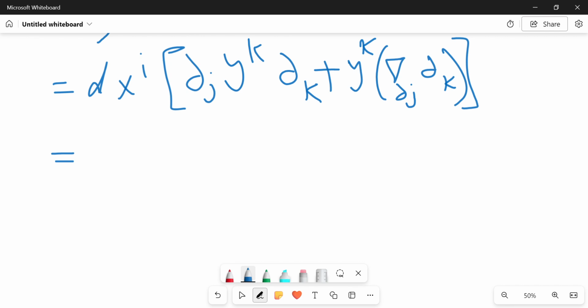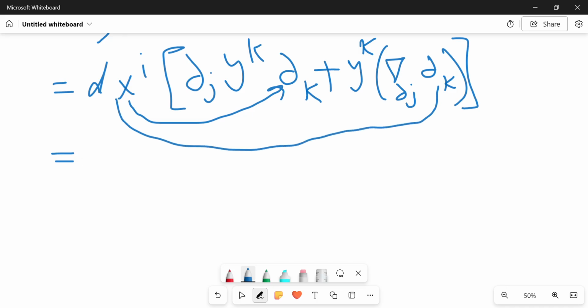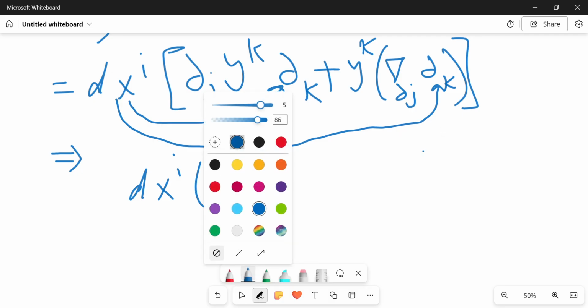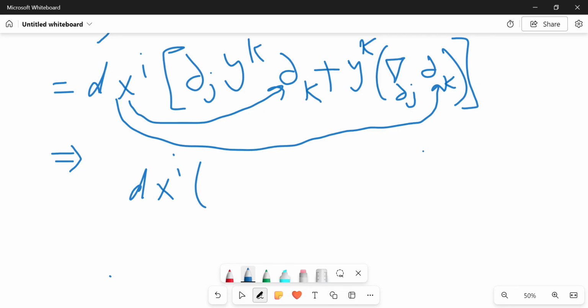We either apply dxi to each one, and what do we have? dxi, dk. This thing is a Kronecker delta, delta ik.